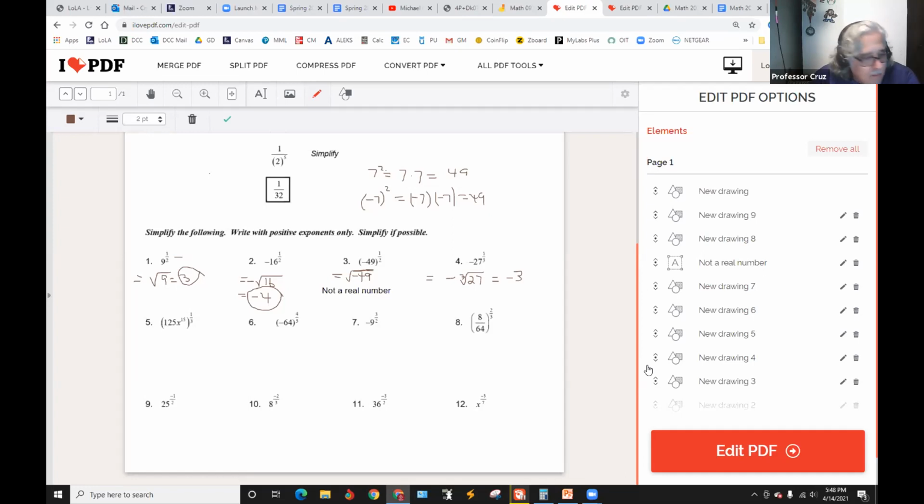Okay, so let's move on a little bit. Well, here's one more that's got only a 1 in the denominator, so we don't have to do too much here. The parentheses mean that all of those things are inside the root of 3.